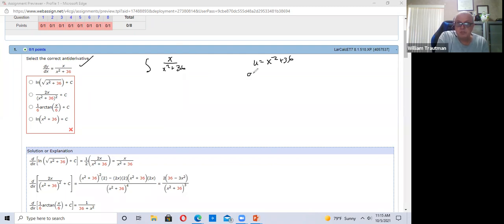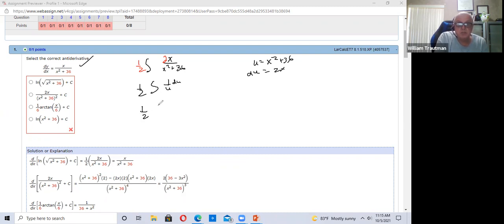And the derivative of u is 2x. So if I put a 2 up here so I have du, I have to put 1/2 here. Now this becomes integrating 1 over u du.